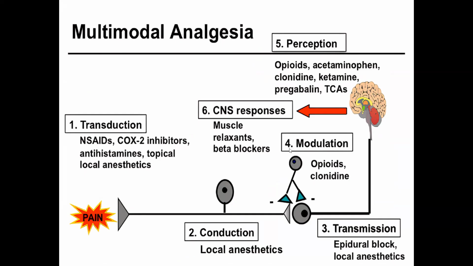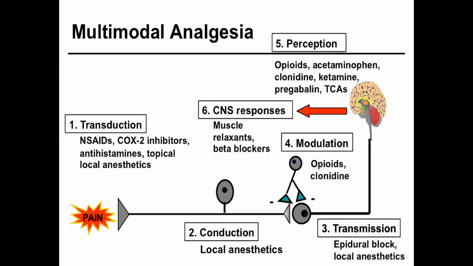If you look here at number 4, the modulation, right? It also helps with the perception, and also, and this is not in this figure here, if you have a peripheral injury, it can help with the transduction.